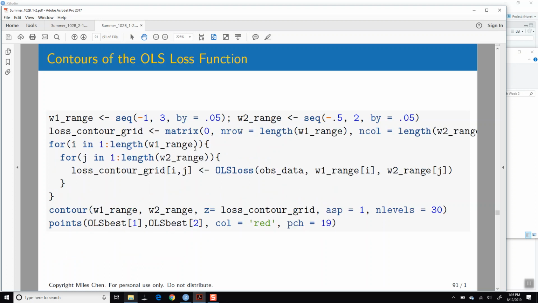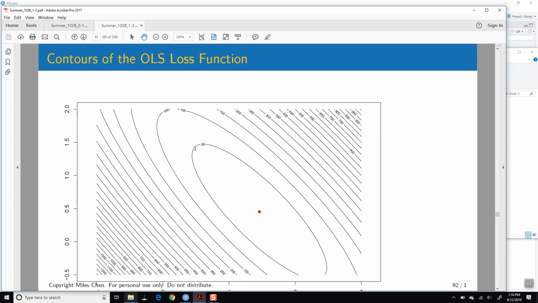This is just code to get it to plot, in case you want to plot it. Here, this is a contour plot, and it shows the values of W1 and W2 that minimize the sum of squared residuals.